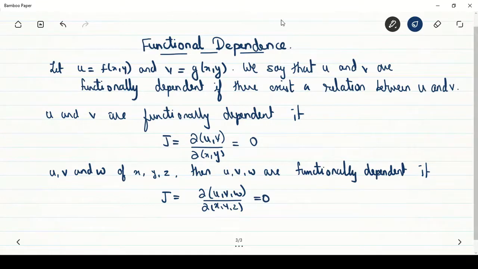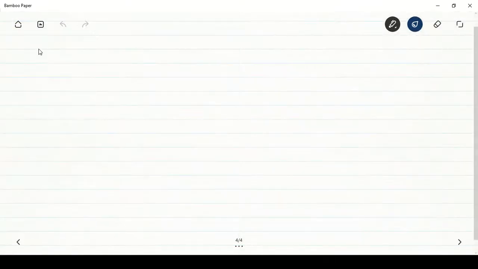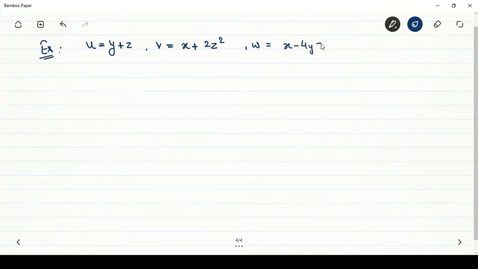Now we will see one example and check whether the functions are dependent or independent. Consider this example in which u is given as y plus z, v is given as x plus 2z squared, and w is given as x minus 4yz minus 2y squared.